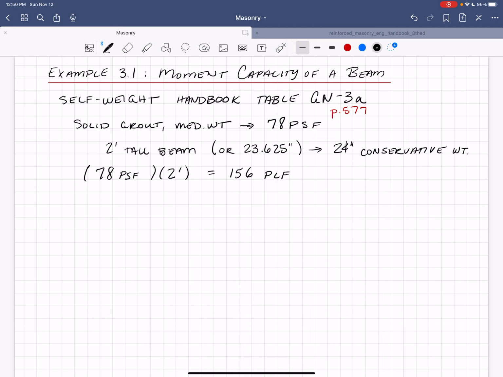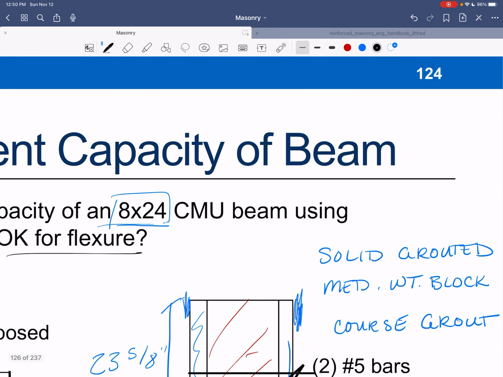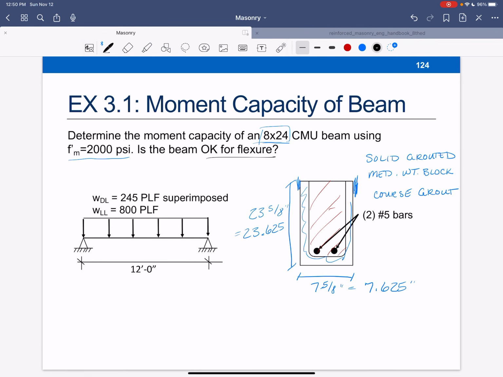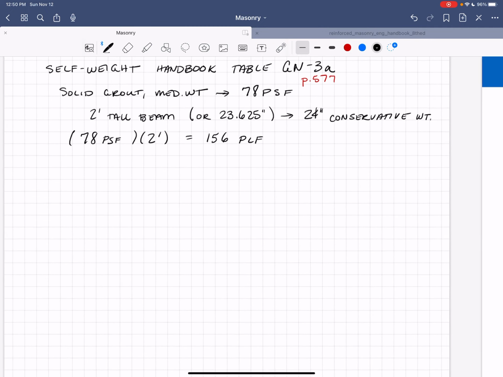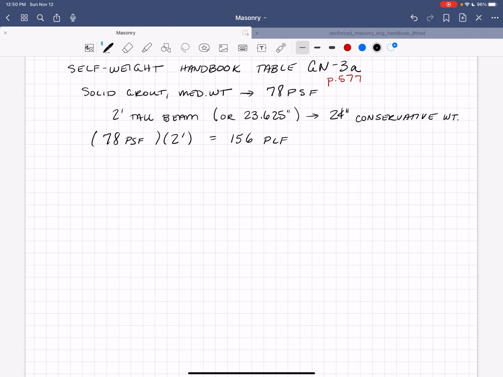Okay. So if I go back to my problem again, I've got 245 superimposed dead and 800 superimposed live to add on in pounds per linear foot to get my whole load.